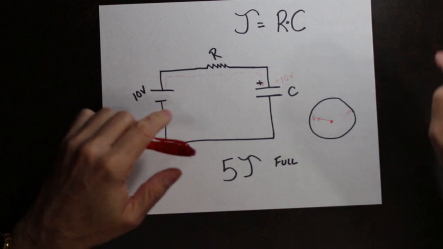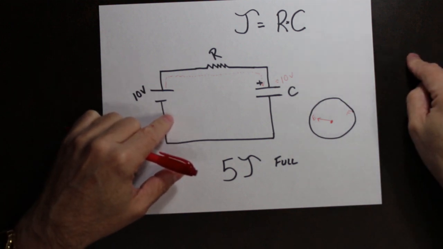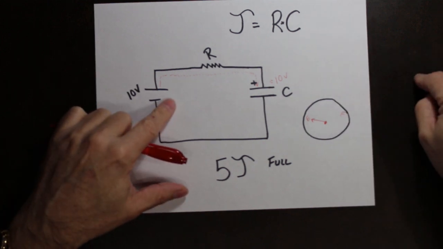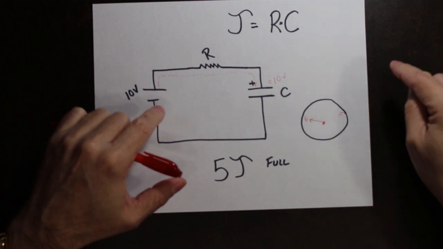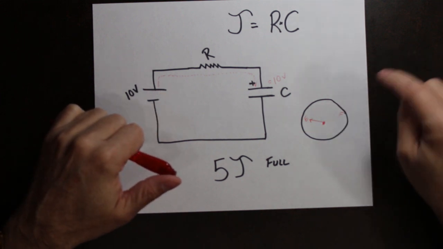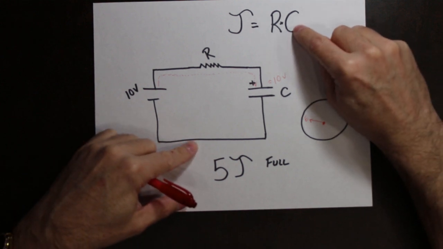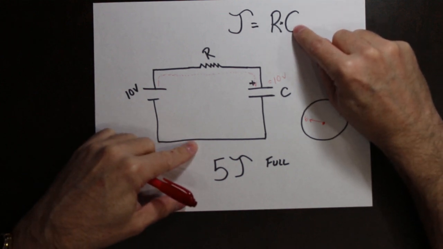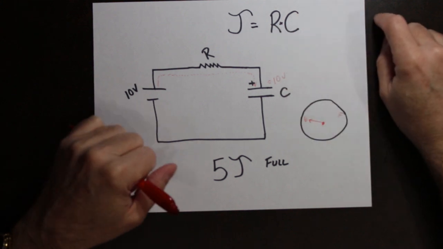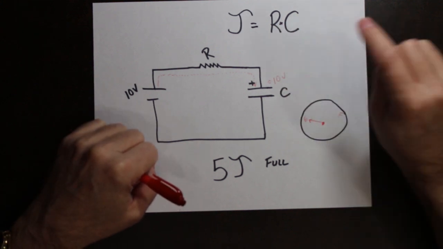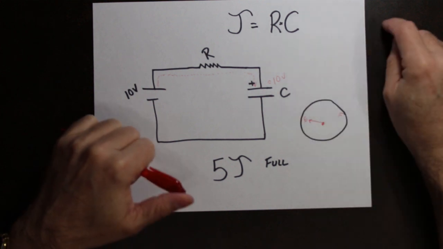The other thing is, how big is your tank? If you have a very large tank in your vehicle, it's going to take longer to fill up with the same hose than if it was a smaller tank. Same thing here. A larger capacitor will take longer to charge if you have the same resistor. A smaller capacitor will take less time to charge.